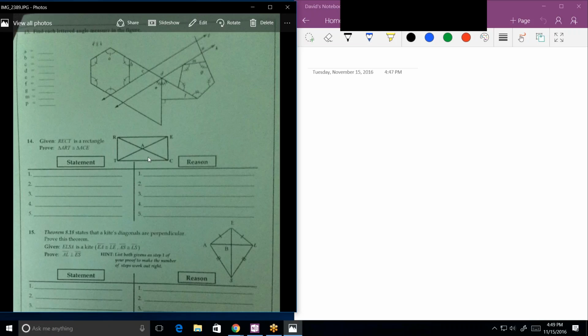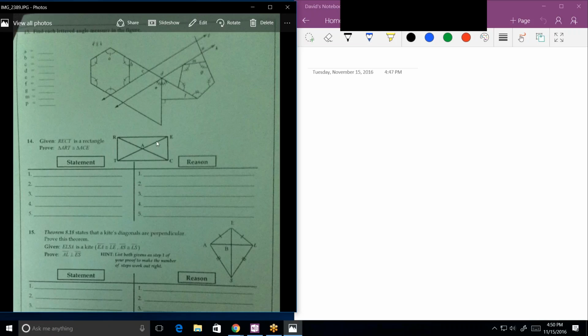Since we know that it's a rectangle, we also know that RE is parallel to TC. Okay, that unfortunately doesn't help prove those 2 triangles. You're right. However, I know that there's vertical angles there. Those are equal. Yes, and then we also know that the diagonals are congruent and that they bisect each other.